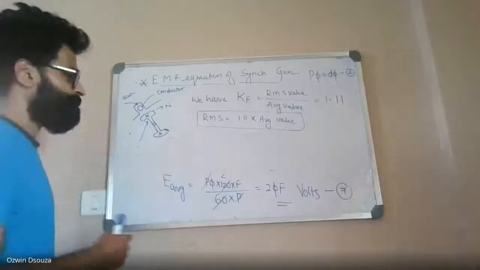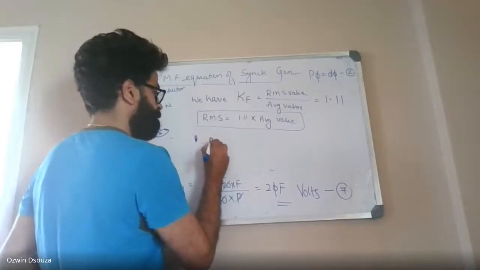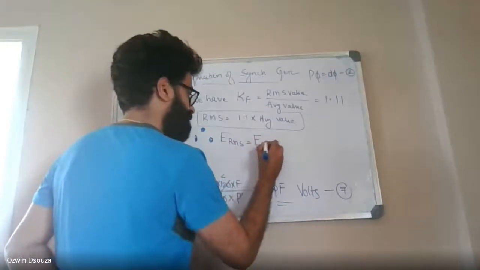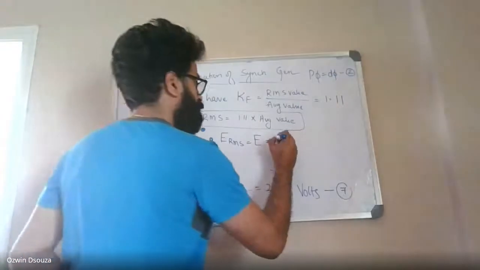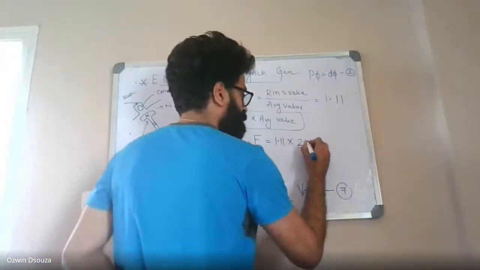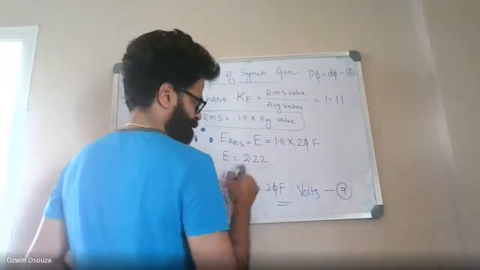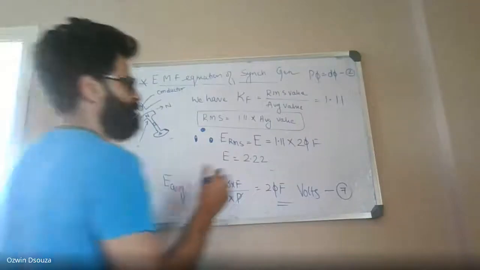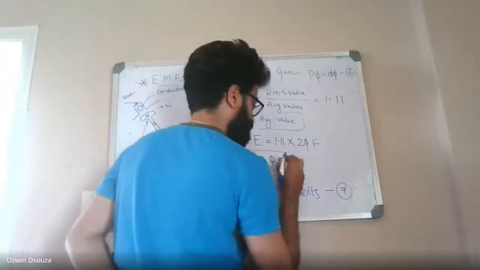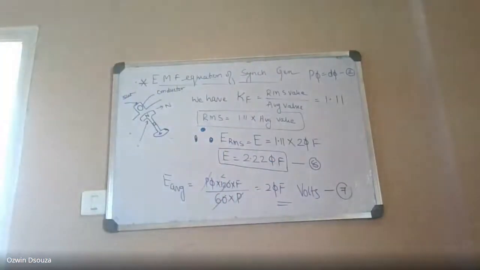Therefore, E RMS, or simply capital E, is equal to 1.11 into the average value, which is 2 phi F, or E is equal to 2.22 phi into F. Say equation 8.